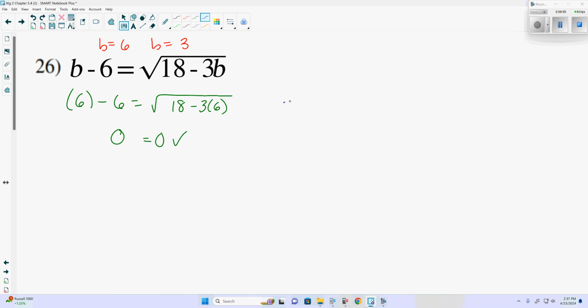We're also going to check 3. So we have 3 minus 6 is equal to the square root of 18 minus 3 times 3. So on the left-hand side, 3 minus 6 is what? -3, yes?